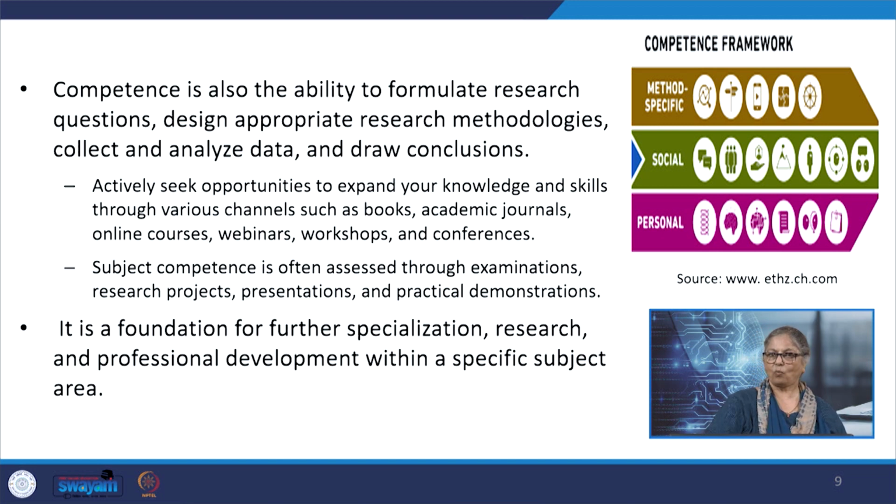And we can also say that our subject competence is often assessed through examinations, research projects, practical demonstrations, presentations, and participation in different types of events related to our core area.